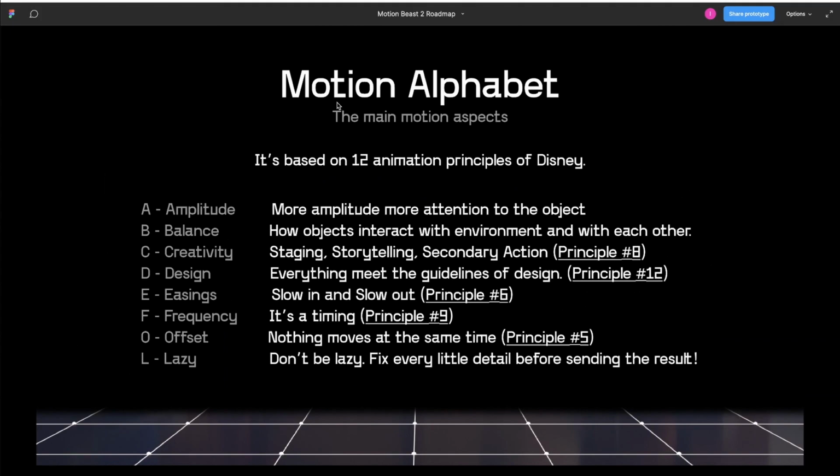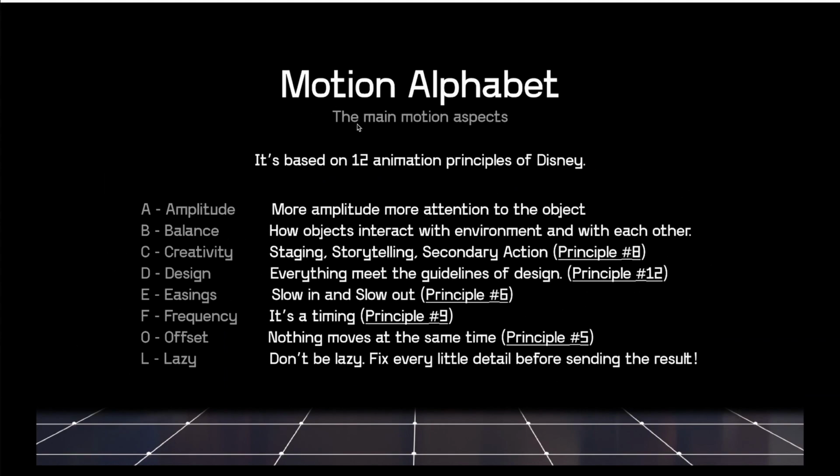So we jump into the motion alphabet, and again it's based on the 12 animation principles. This alphabet will help you review other works because it has the main aspects that will help you review.